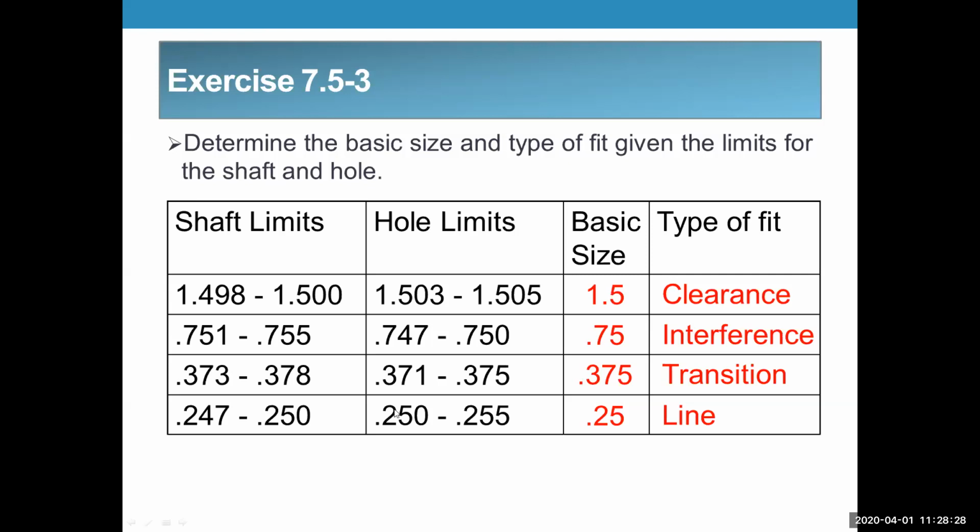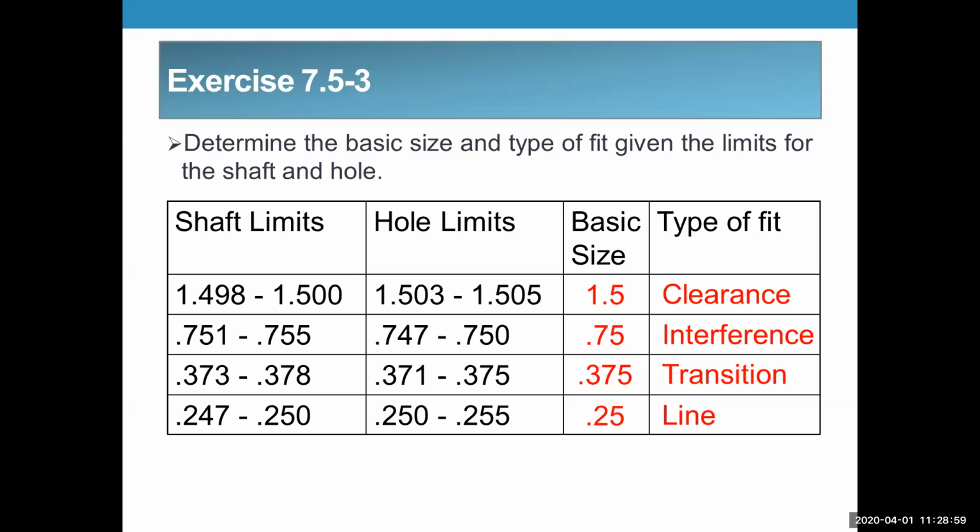And it's a line fit because you've got a limit of the hole and a limit of the shaft that are the same diameter. So it's automatically a line fit, and depending on where they fall, it could be a press fit or a clearance fit, or I should say an interference fit or a clearance fit.